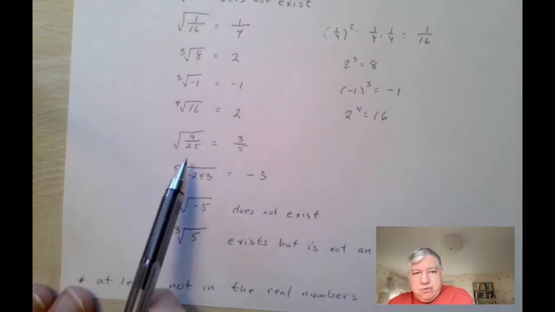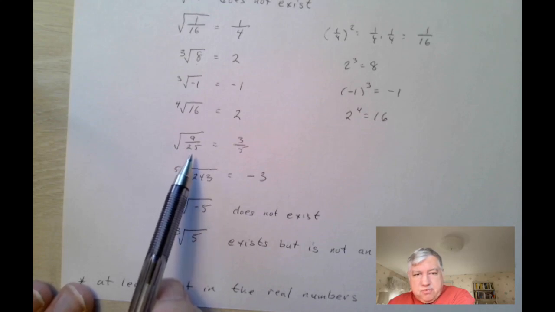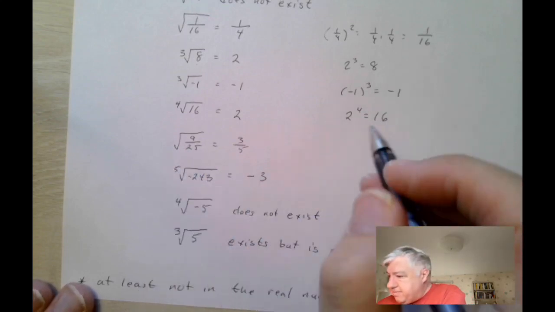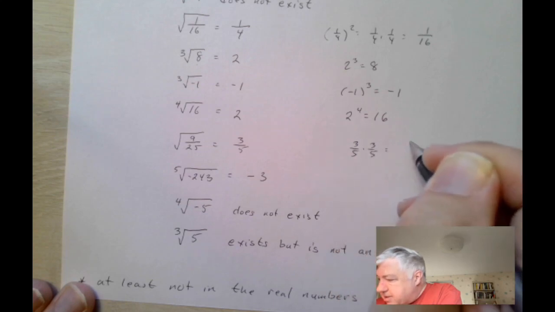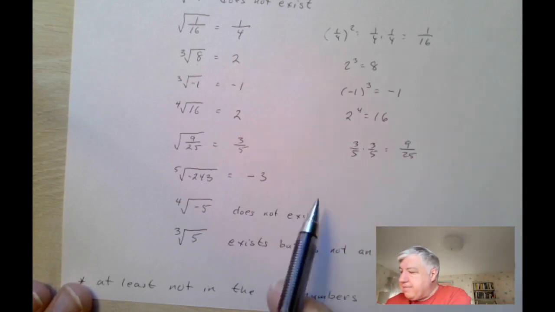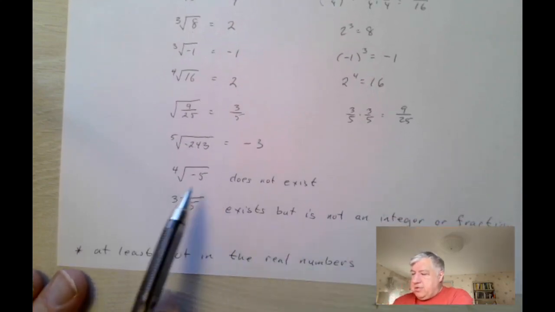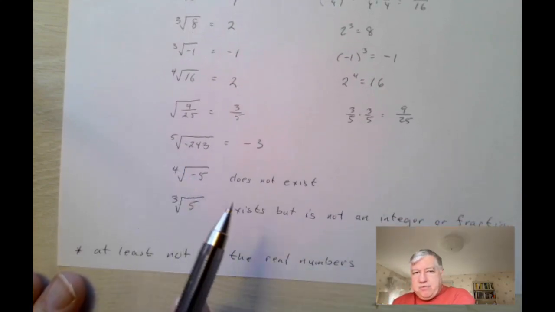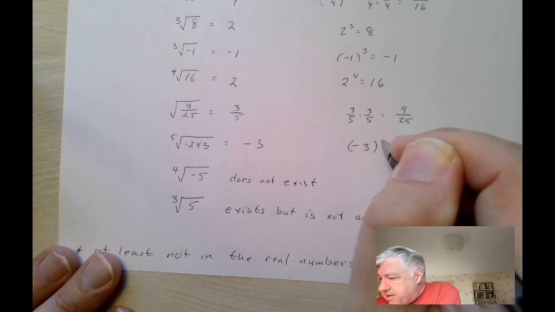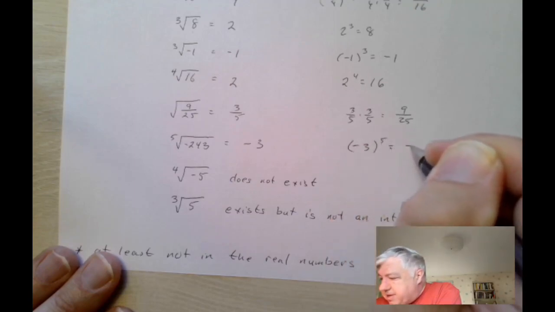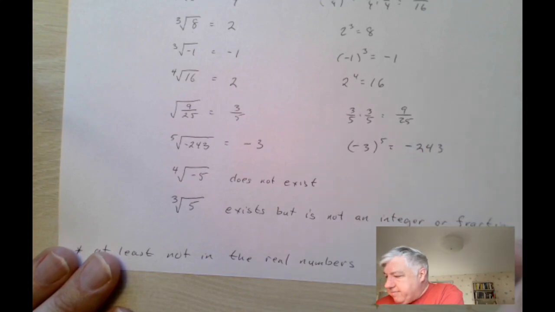The square root of 9 over 25 is 3/5, because you can check that 3/5 times 3/5 is 9/25. The 5th root of negative 243 is negative 3, because on your calculator you can check that negative 3 to the 5th is indeed negative 243.